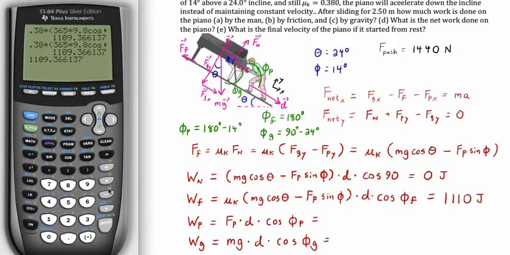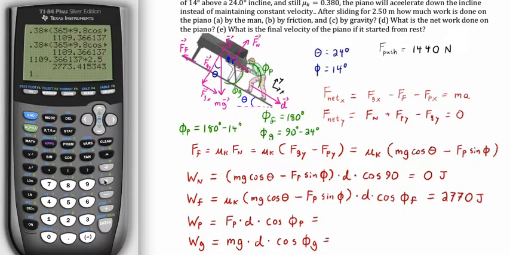So times 2.5. There we go, there's our joules: 2,773, or rounding, 2,770. Looks good. So let's not make the same mistake with the work done by pushing.